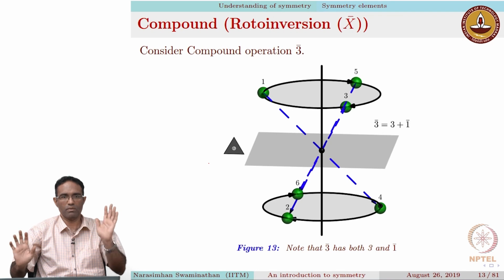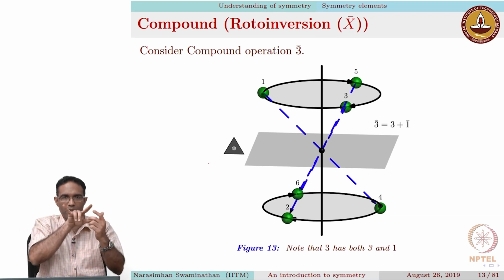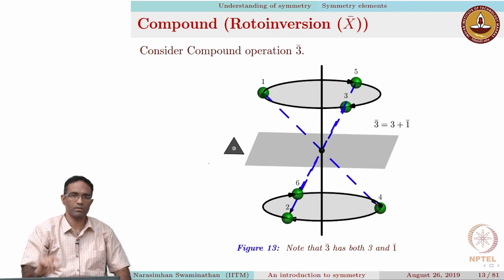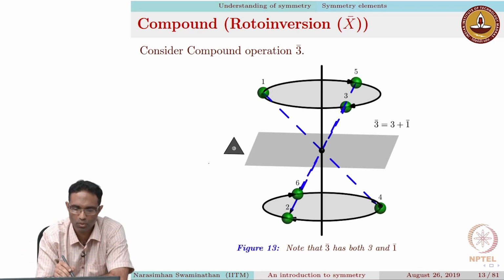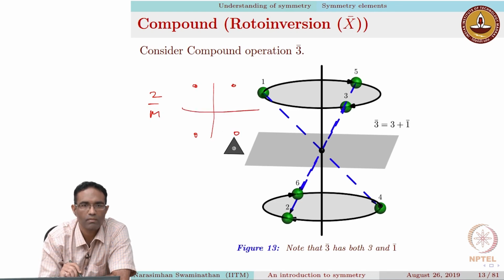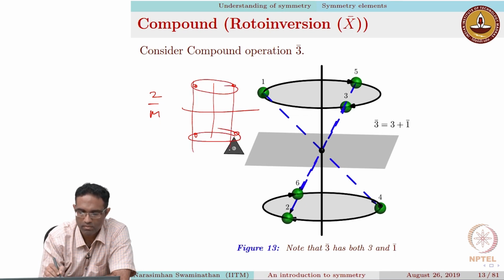But if I say 2 over M, it means there is a twofold rotation and there is a mirror perpendicular to it. So consequently, in 2 over M, you will have this. There is a twofold rotation and a mirror that is perpendicular to it.